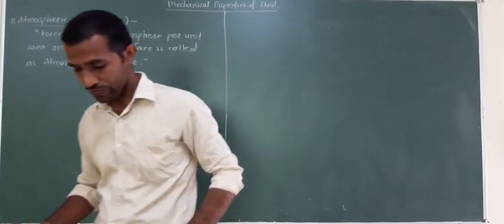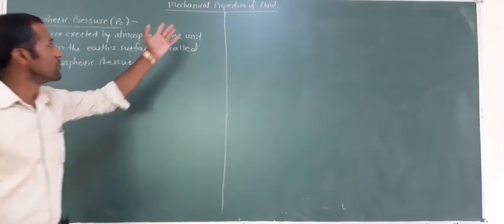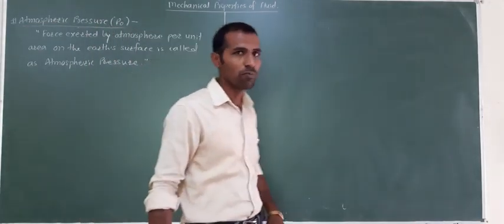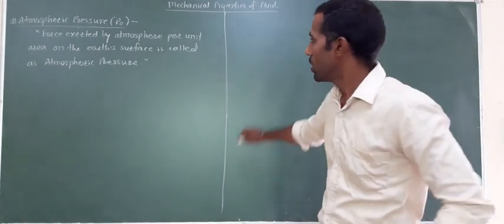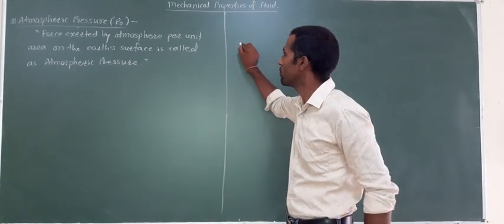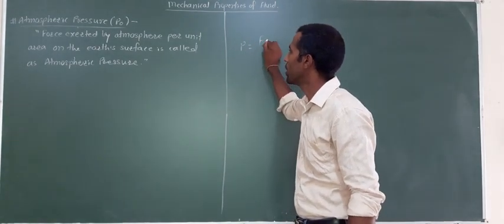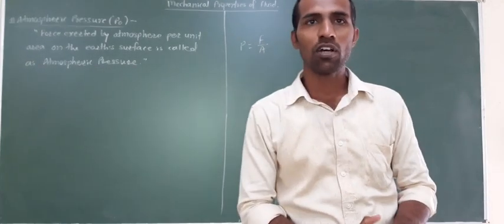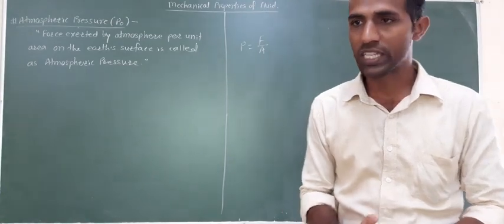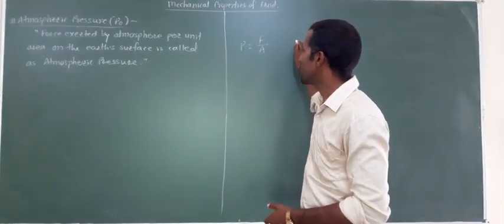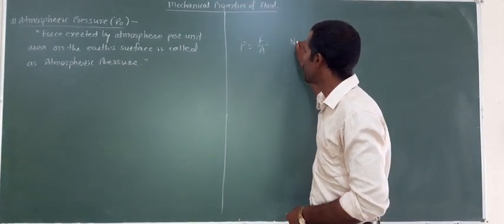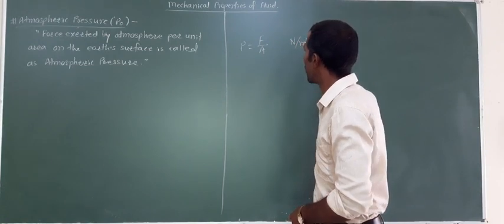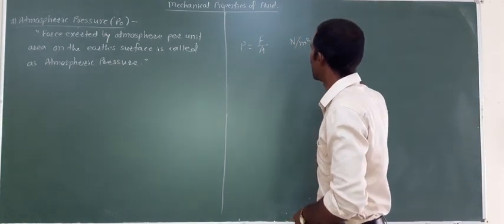Hello students, we are dealing with mechanical properties of the fluid, in which we have seen the definition of pressure. Pressure is given by force per unit area, perpendicular force acted on unit area. The pressure is measured in SI unit as Newton per meter square or Pascal.